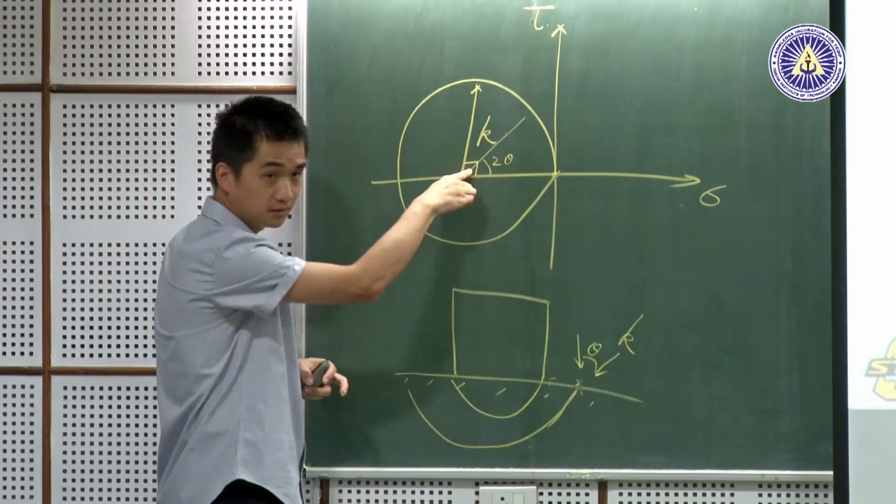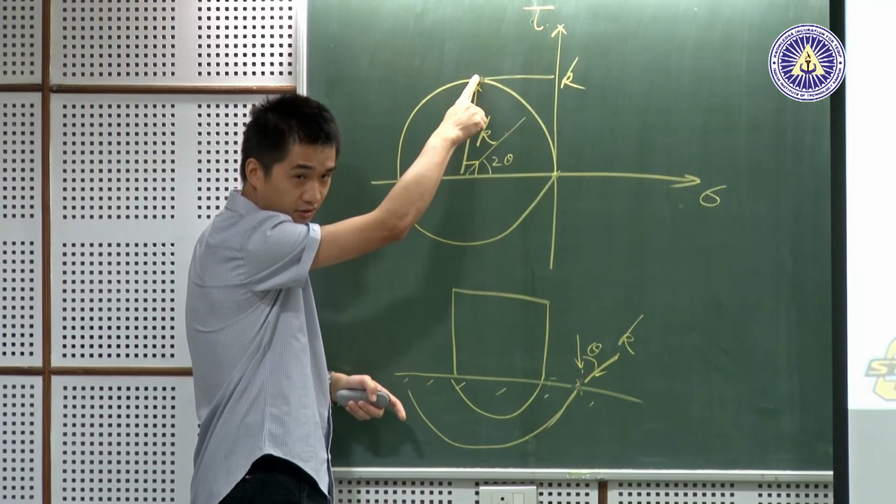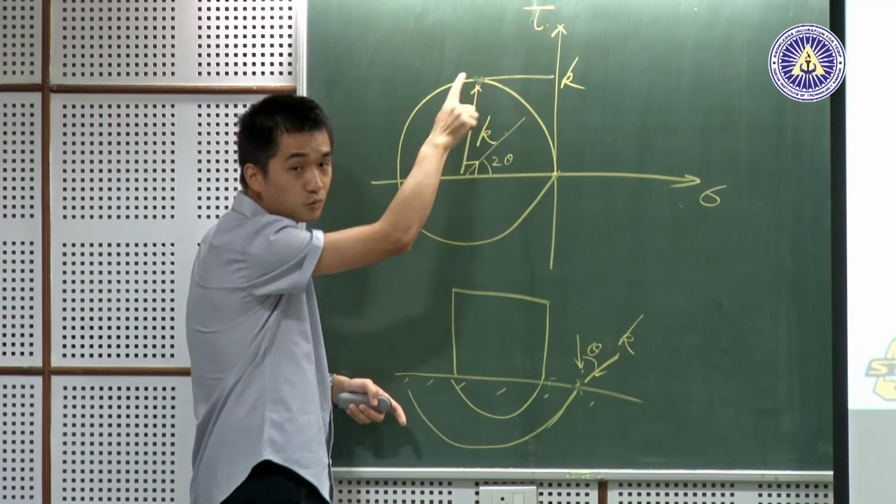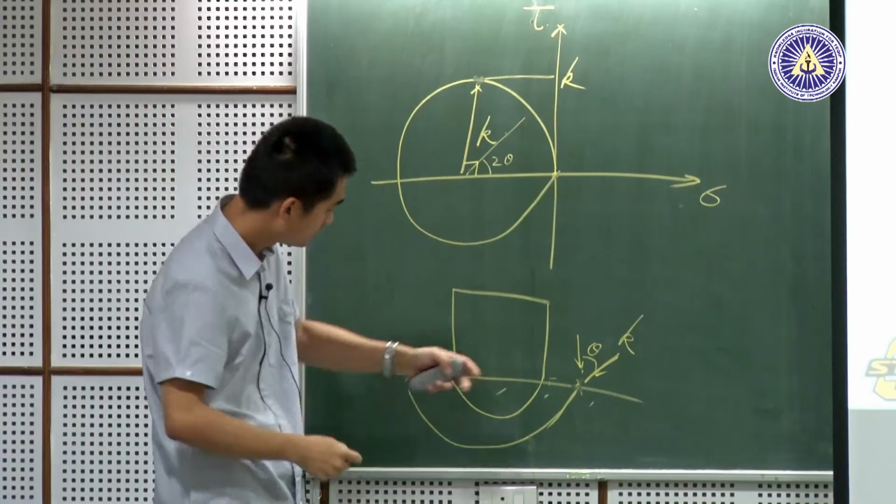If it's 90 degrees on the circle, what happens to this point? It is half of this angle here. It's 45 degrees. Physically, it means at 45 degrees at this point, it has the highest shear stress. That's why when it starts to deform, it happens at 45 degrees.